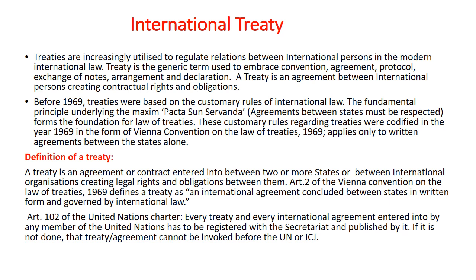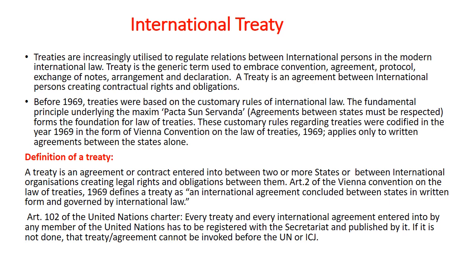Article 2 of the Vienna Convention on the Law of Treaties 1969 defines a treaty as an international agreement concluded between states in written form and governed by international law. So, a treaty is always a written document.